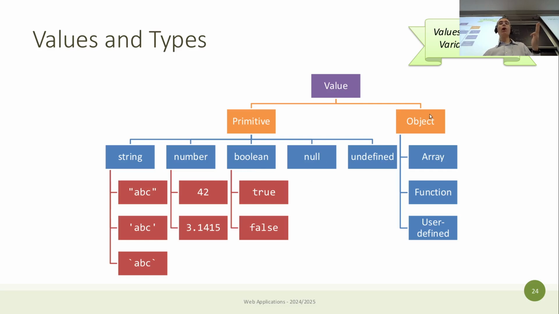And then there are objects, which can be more complex data structures like arrays, functions, or something that we define ourselves. But the important thing is that in a variable you can have either a string, a number, or a boolean, or 2 fixed values which are null and undefined. Okay, or an object. I mean, of course, a reference to an object.